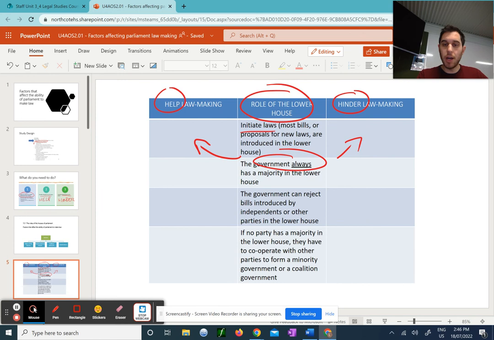We can also think about one of the other roles of the lower house being that they can debate and reject bills. Particularly, the government can, if they want to, reject any bill in the lower house that's been introduced by the opposition or any bill that's been introduced by an independent member of Parliament.